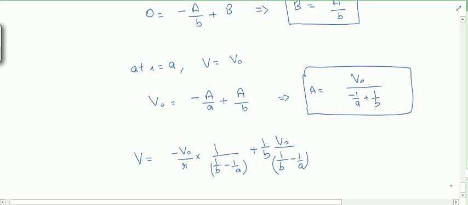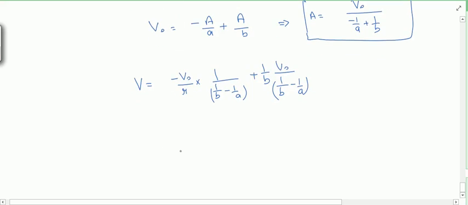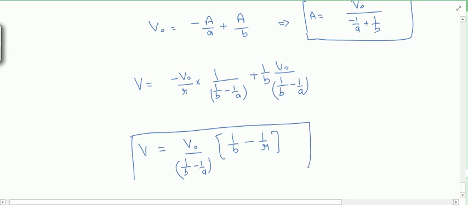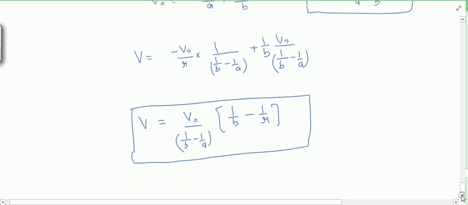Here I can take a few things common, like 1 by b minus 1 by a, and the remaining thing will be 1 by b minus 1 by r. So this will be the expression of potential of the spherical capacitor in the given condition. This will be the value of V.